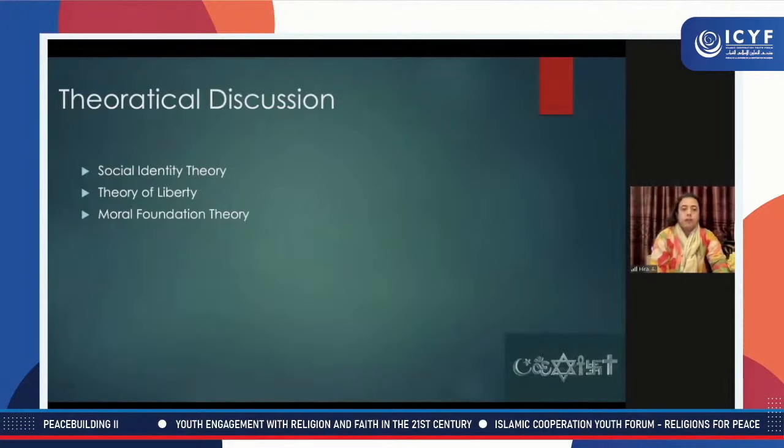The next is theory of liberty, that every individual has a liberty to express and publish with no hate, and with all moral ethics and religious and cultural ethics related to the laws of the land as well.